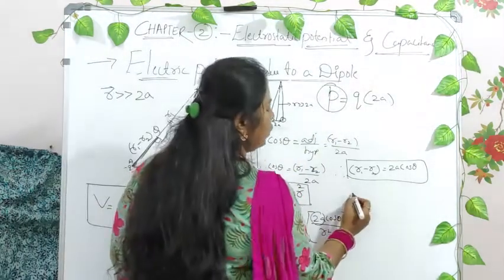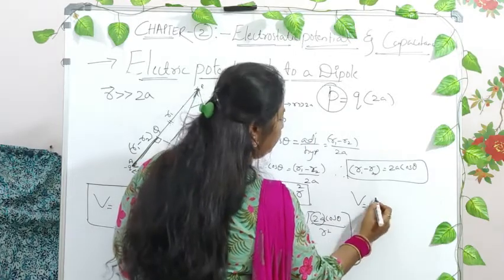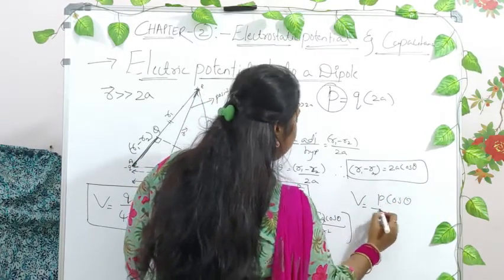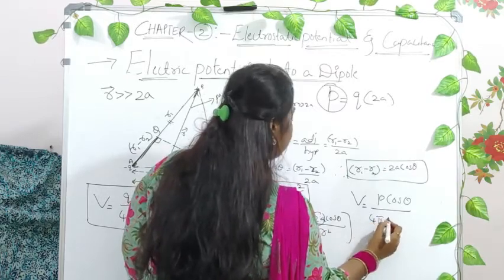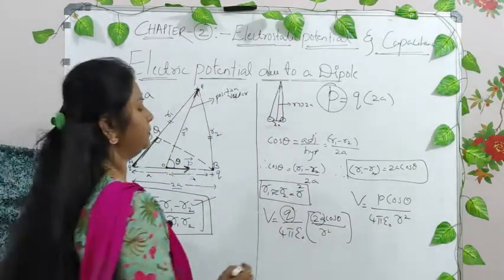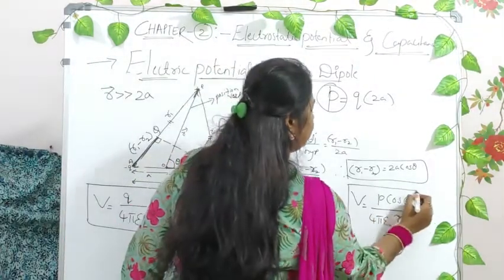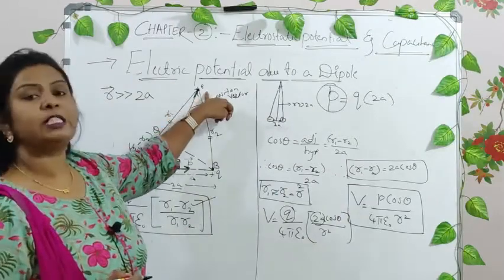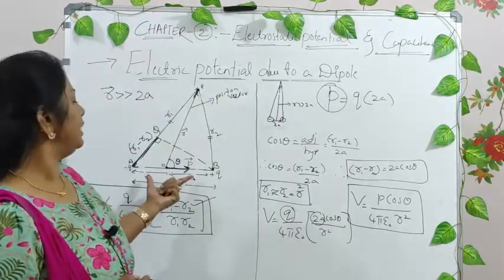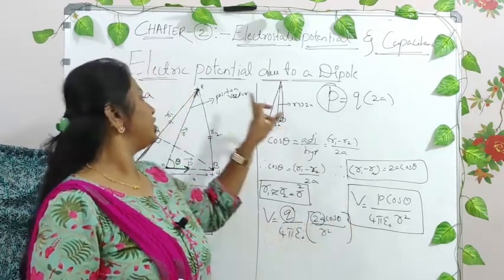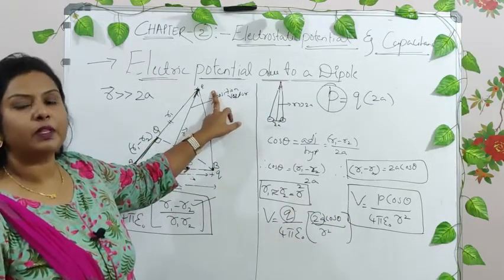So what you get is V equal to dipole moment p cos theta divided by 4 pi epsilon naught r square. This is the final electrostatic potential at a point located very far from the dipole. This is the final expression for the electrostatic potential at this particular point P.